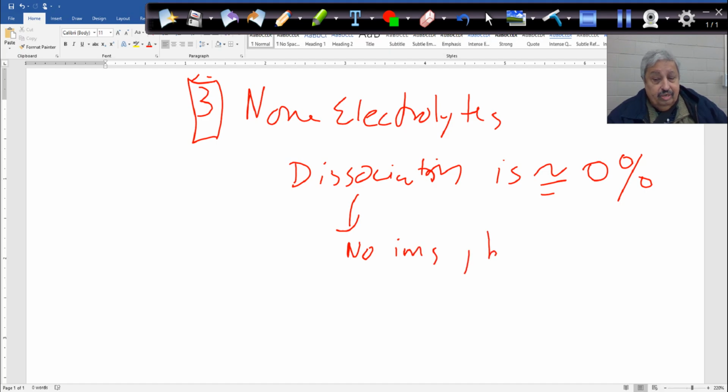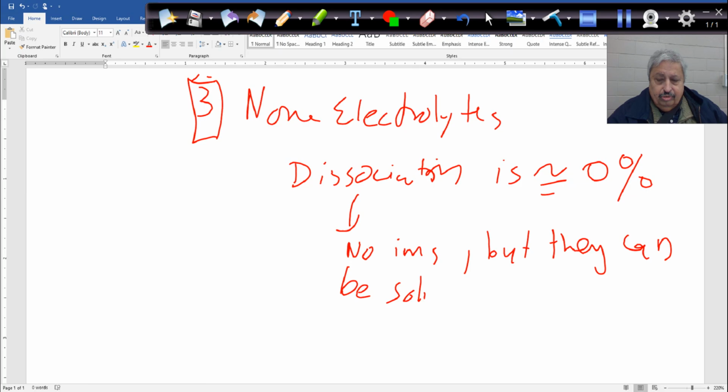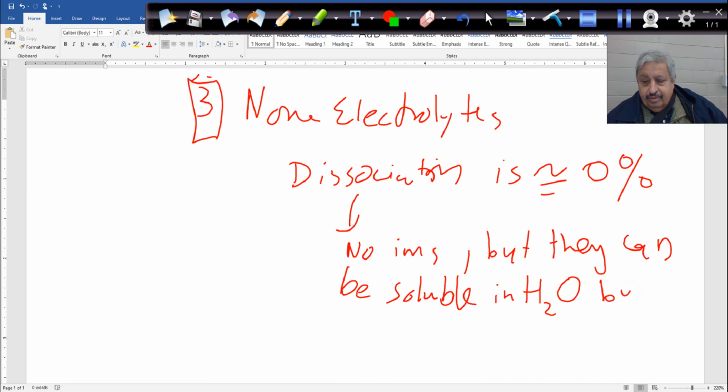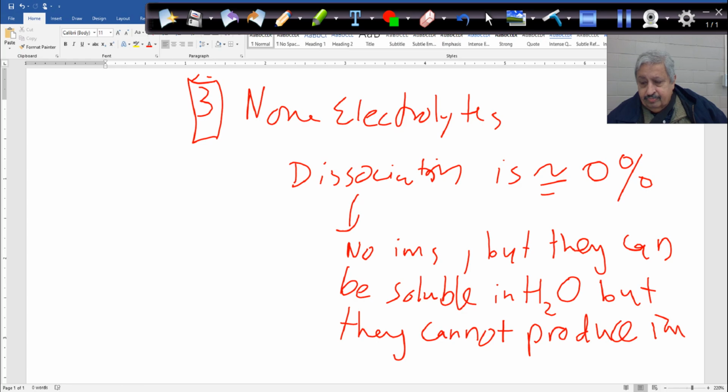They can be soluble in H2O, but they don't produce ions. They cannot produce ions. This is an example of sugar, correct?